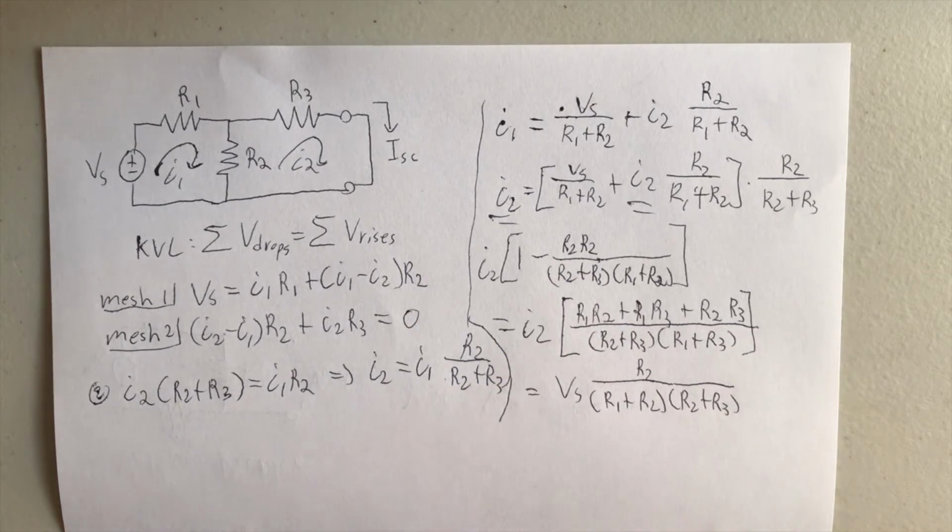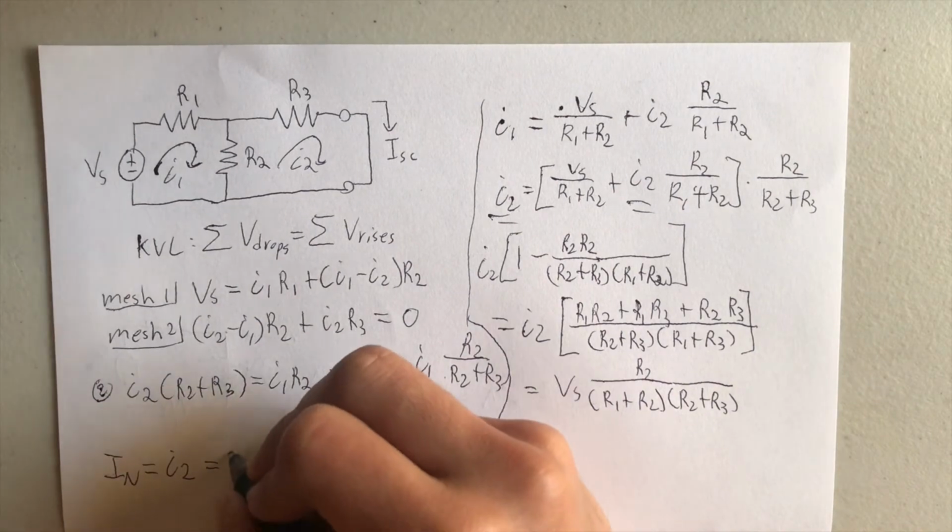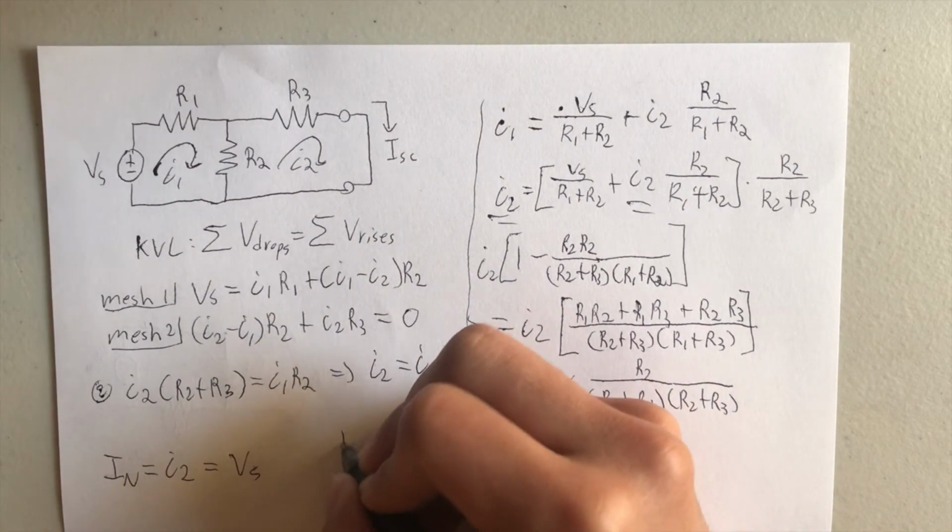And when we solve for I2, we get that I Norton, or I2, is equal to the voltage source.